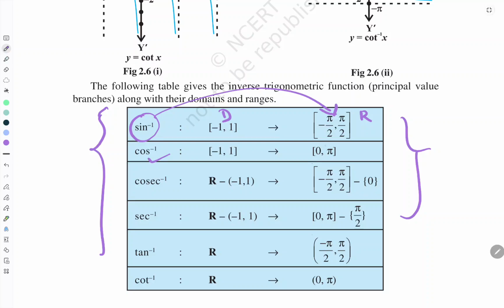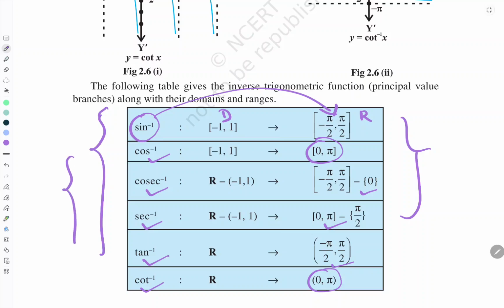Cos inverse range is closed 0 comma pi. Cosecant inverse is minus pi by 2 comma pi by 2 minus the singleton set 0. Secant inverse is closed 0 comma pi minus pi by 2. Tan inverse is open interval minus pi by 2 comma pi by 2. For cot inverse, open interval 0 comma pi.